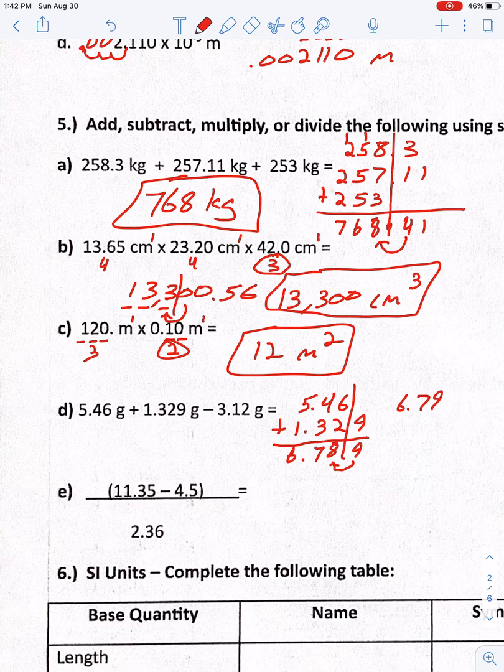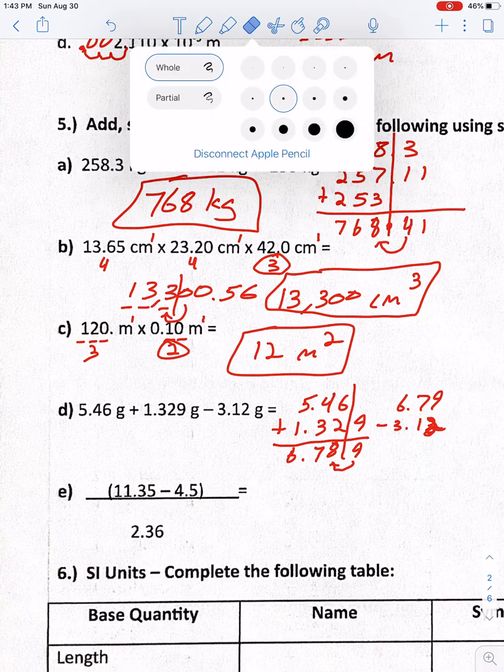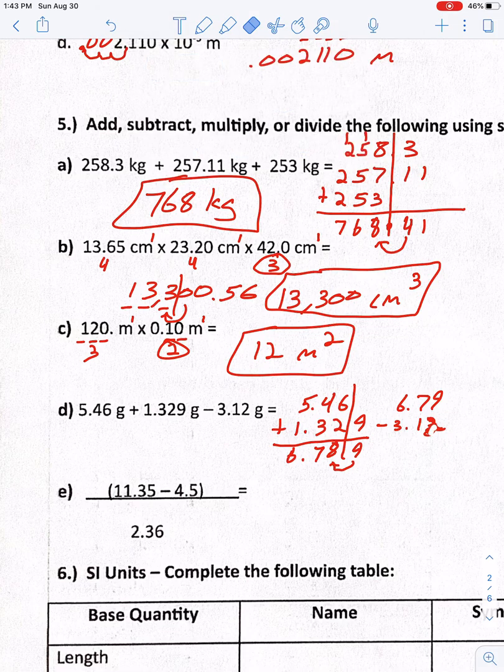Now I'm going to subtract 3.12. Okay, so remember your PEMDAS. So adding comes before subtraction.